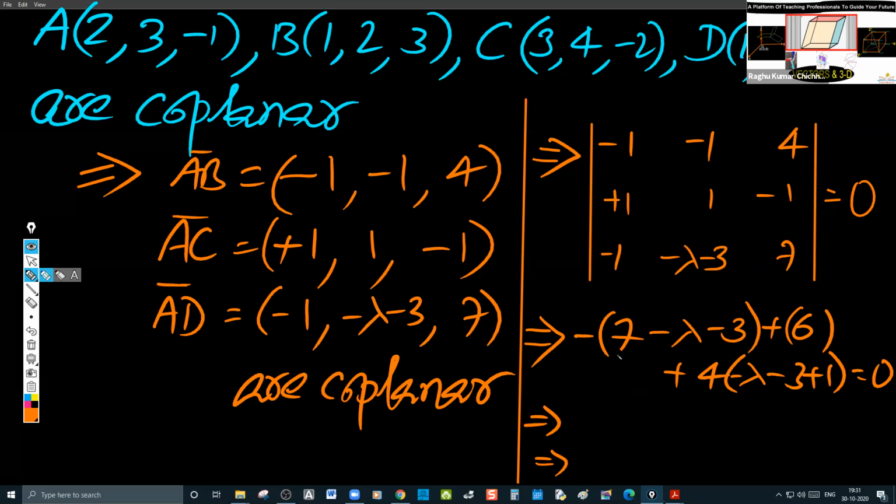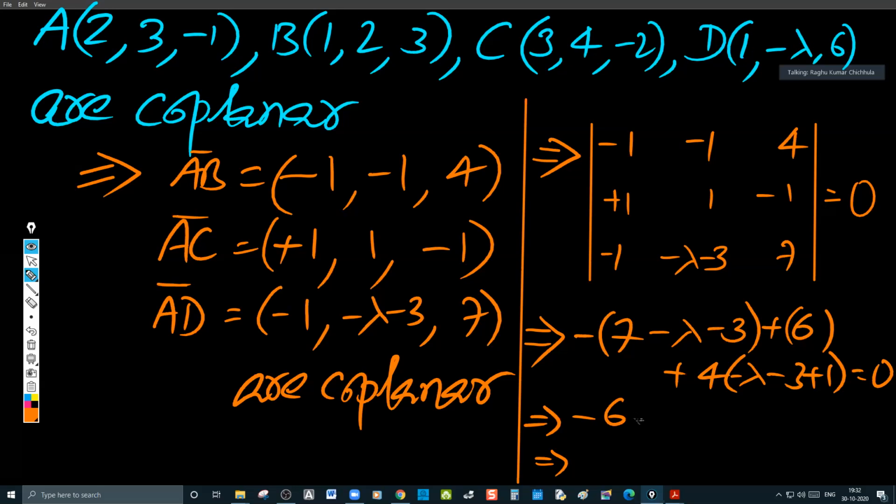So let's write the constant here, please. -7 plus 7 - 3 = 4, -4 plus 6 = 2, 2 minus 8 = -6. And now this is lambda minus 4 lambda, that is -3 lambda.